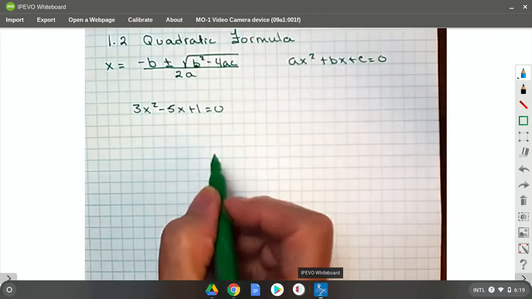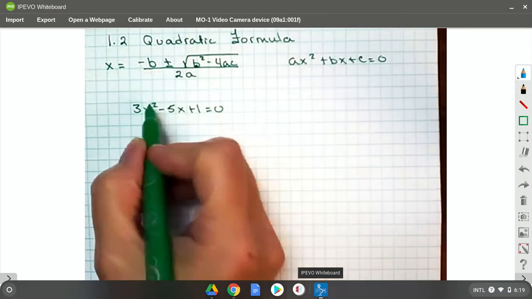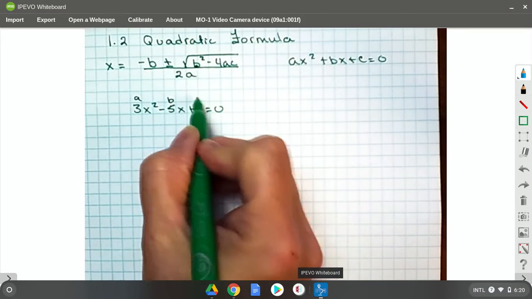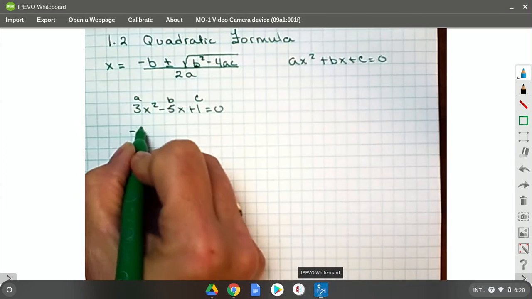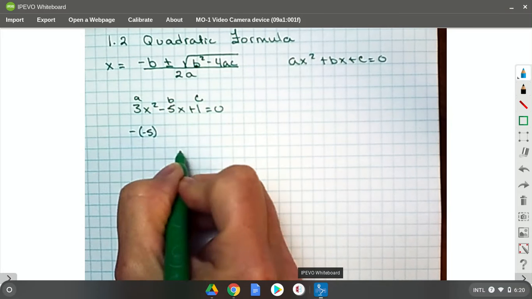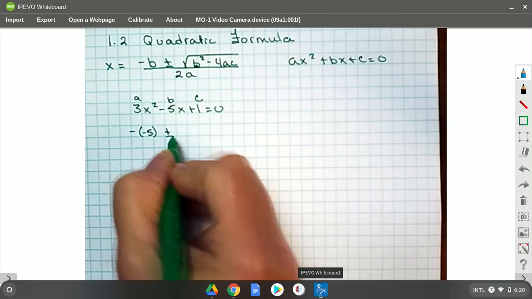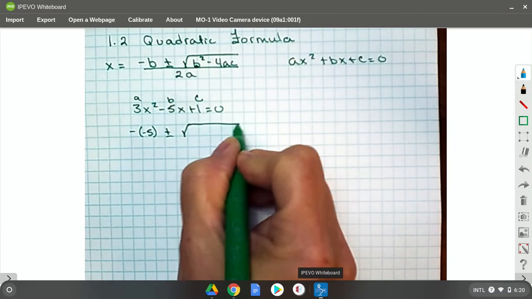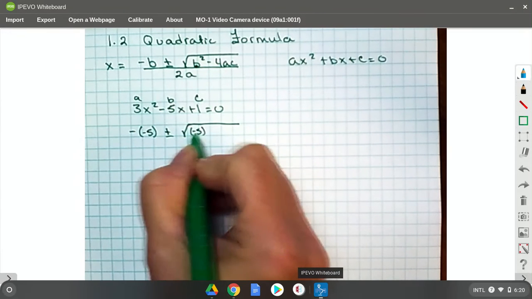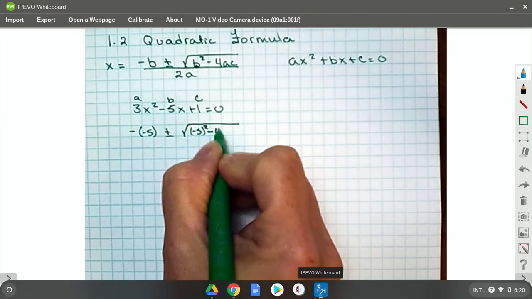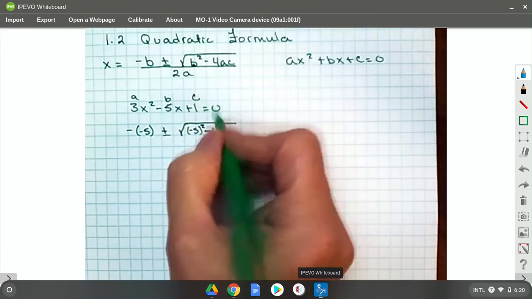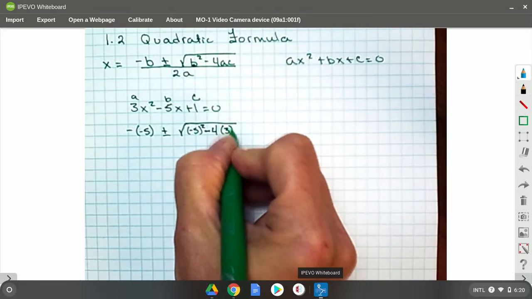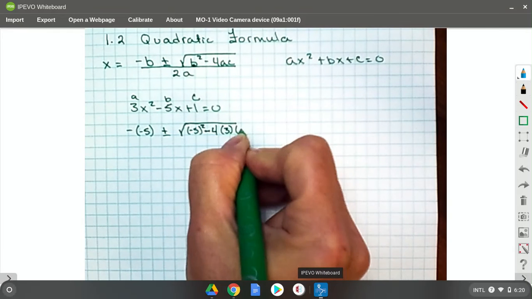So I'm going to take a, b, and c. Negative 5 plus or minus the square root, negative 5 squared minus 4. 4 is part of the formula, so that will always be times 3 times 1.